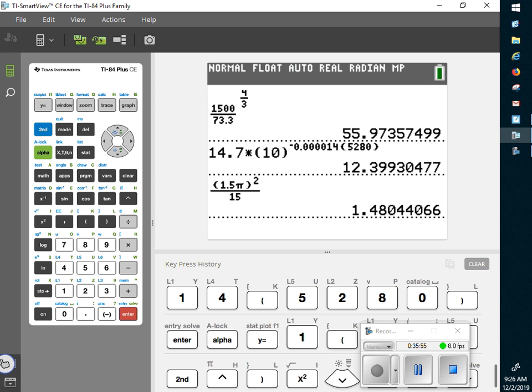Now, look at the question. How much weight can be lifted? It doesn't tell us how to round, so I'm just going to tell you. We're in tons. Let's round to the nearest hundredth. 1.48, so we're going to say 1.48 tons.